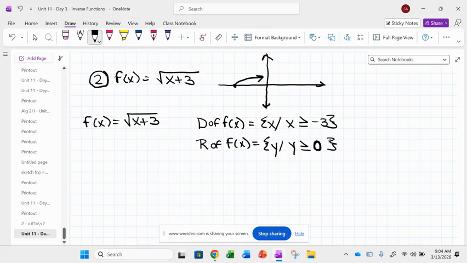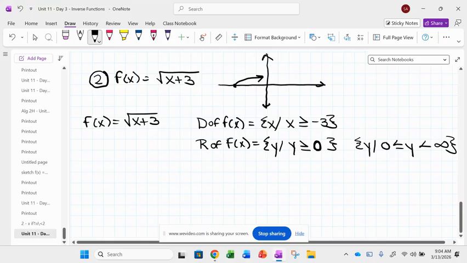So what Violet said was absolutely perfect too, and it's also in set notation. She said y such that, did you say negative infinity is less than y, which is, I don't know if you said less than or equal. Sorry, I did this wrong. Our lowest point is 0, so we're going to say 0 is less than or equal to y, which is less than infinity. We want to make sure that that 0 is equal to.